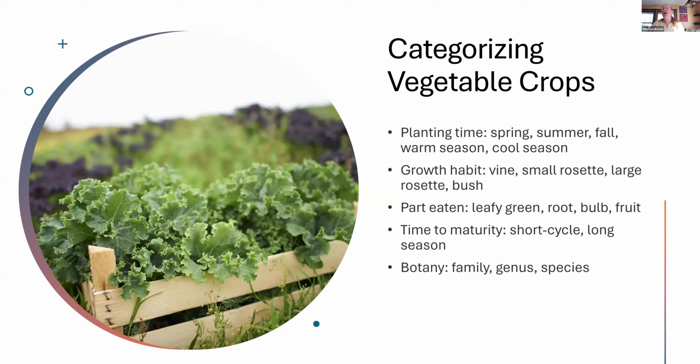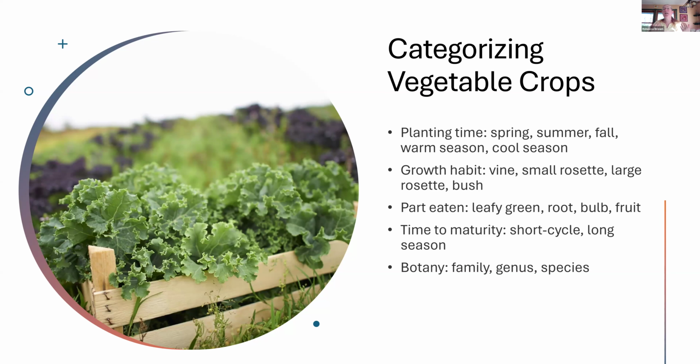As opposed to the summer crops, the things you don't want to plant out until after the last frost when the soil is warm. When we're looking at things like spacing and planning the layout of the farm, we might look at the growth habit of our crops. Is it a big long vine that needs trellising or needs a lot of space to run? Is it a small rosette like a bok choy or a spinach? Or is it a large rosette like a kale or a bush?